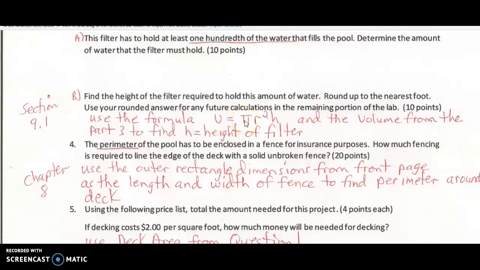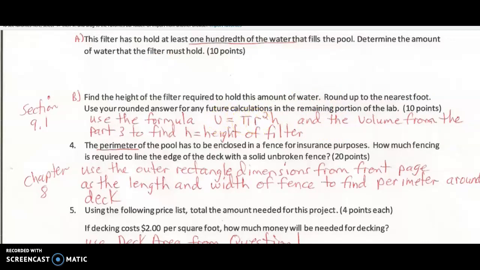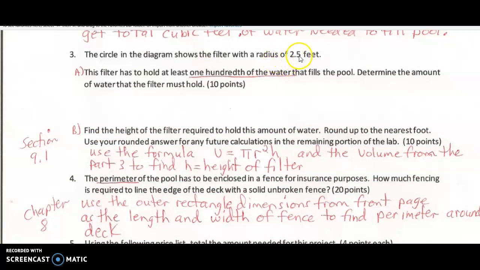Pi is 3.14, your radius is given as 2.5, and you have to square that number. The height is what you're looking for. So plug in the volume number, pi is 3.14, radius is 2.5, and square it. Once you know all those numbers, you should be able to find the height of the filter.